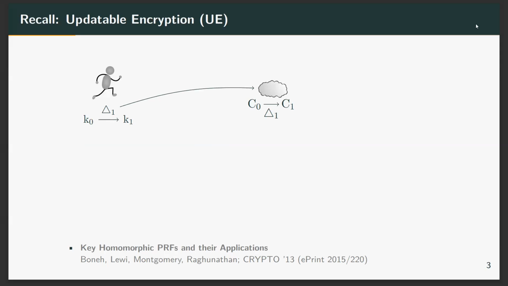In updatable encryption, a user will usually rotate its key from K0 to K1, and then there's an update token. The user can send the update token to the cloud, for example, to update the ciphertext to a new ciphertext of the same message that can be decrypted using K1.